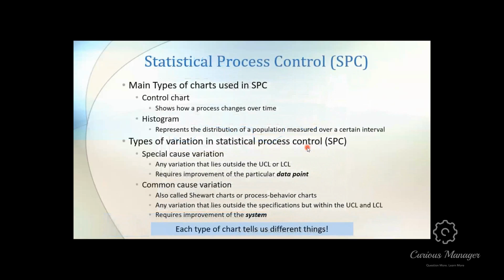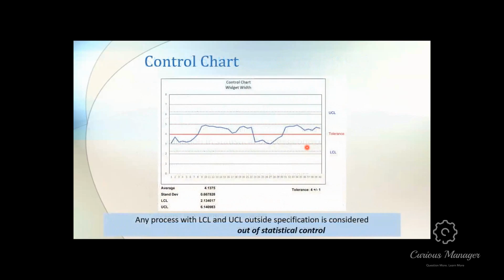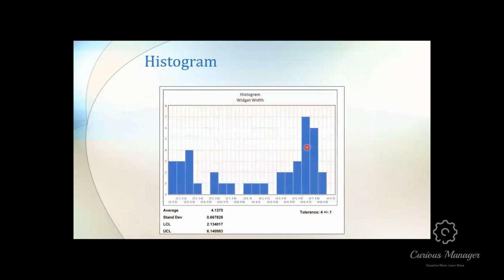If we take a histogram of that data, this is what we see. In a healthy system, our data would form a normal distribution. But if you notice here, all of our data mainly sits on the left and right side. So this tells me that there's something in the system that's causing this.